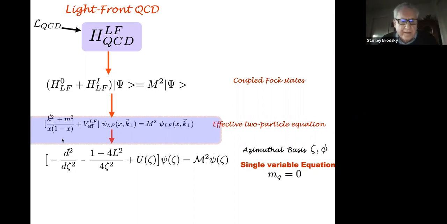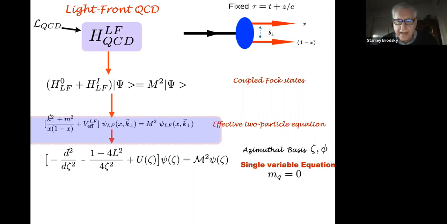You can just write this term as d by d zeta squared, with a 1 minus 4L squared over 4 zeta squared from the kinetic terms, and then a U of zeta for the interaction terms. Now you'll see how this happens. First of all, what's the zeta? Zeta squared is x(1 minus x) b perp squared.